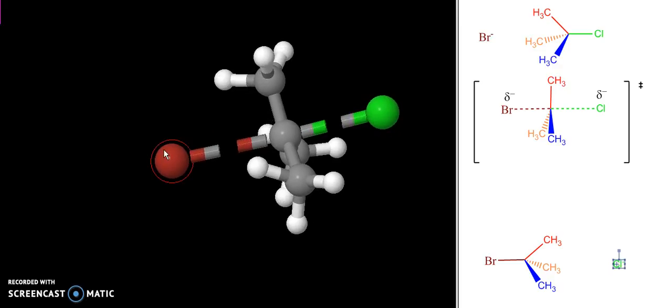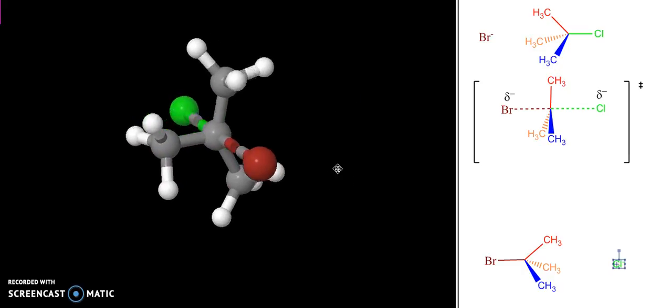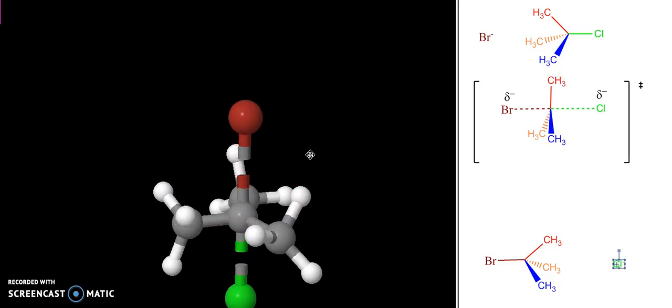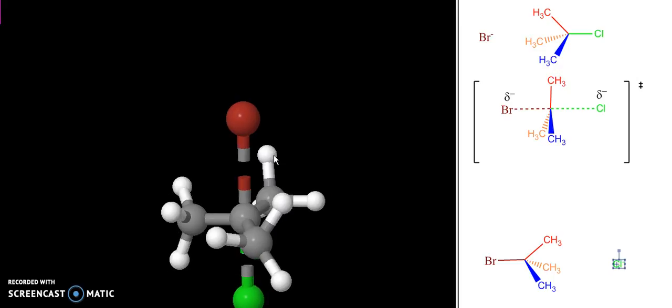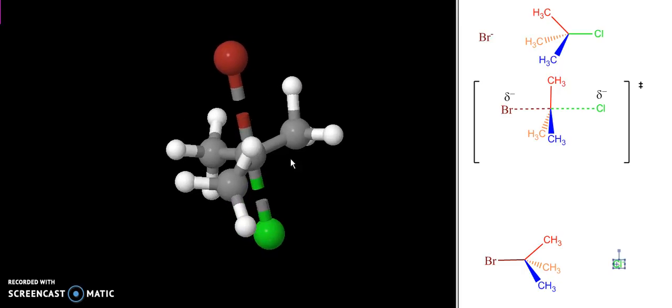And what I want you to notice is that unlike the case with the methyl chloride, this is pretty sterically crowded. Let me move this up a little bit. There's a lot of stuff around this carbon.